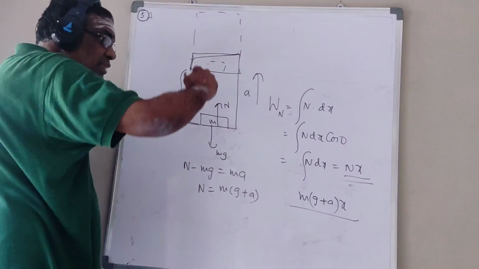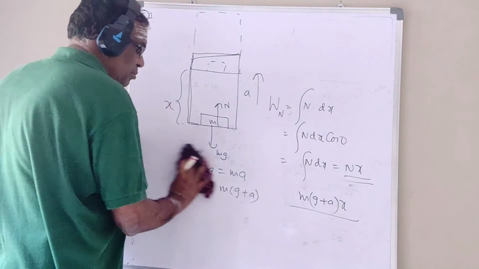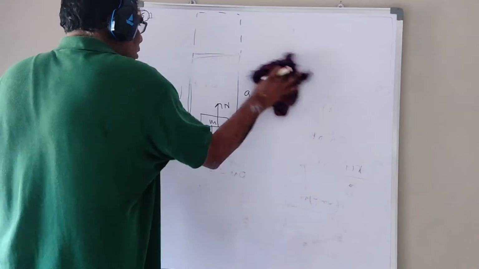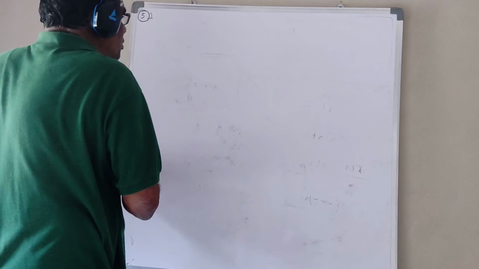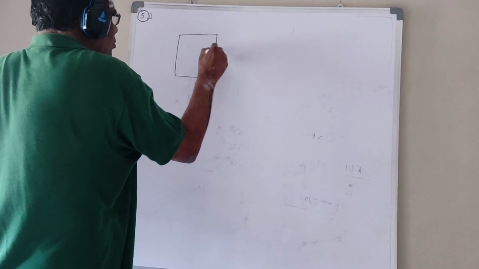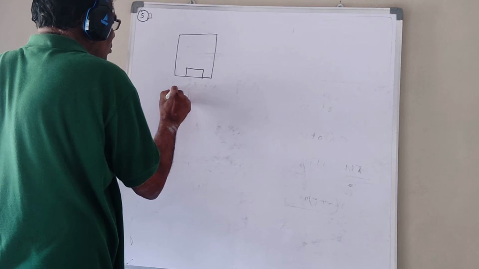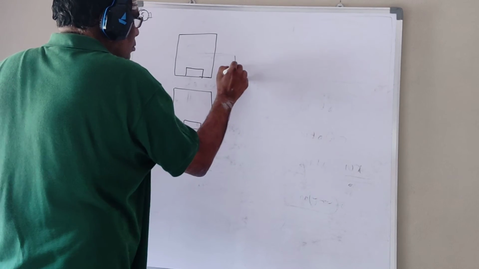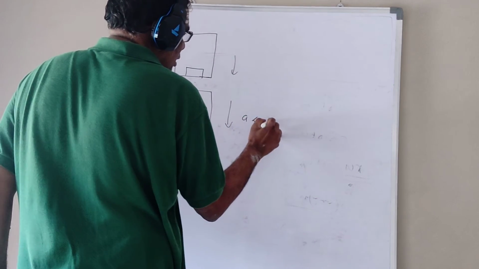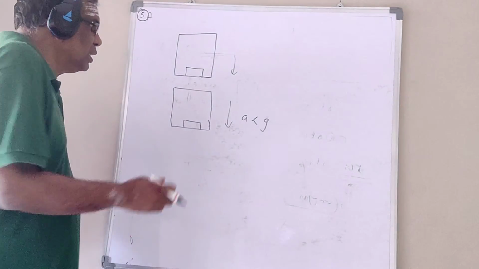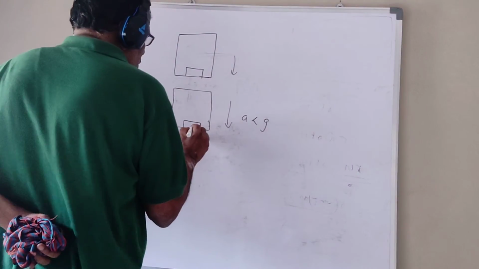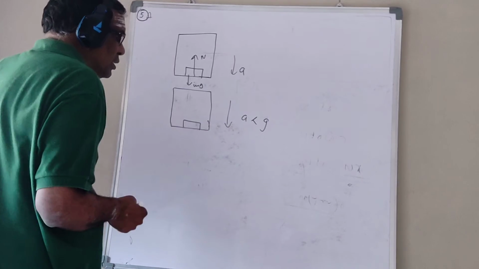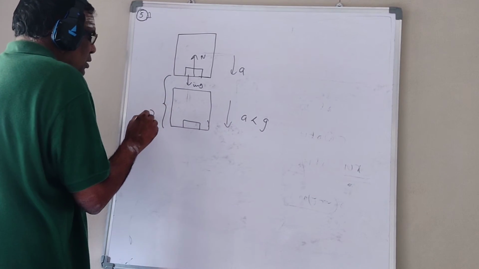Now, suppose it is descending with acceleration. I draw the diagram again for you. A is less than g, otherwise the body will float. So N is like this, Mg is like this, a is like this. And let me tell you, this is your displacement.